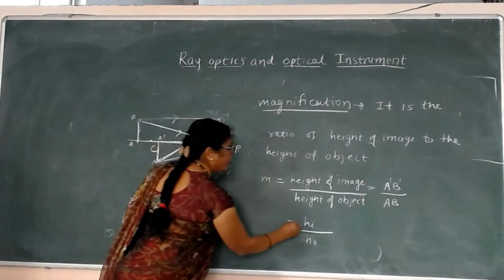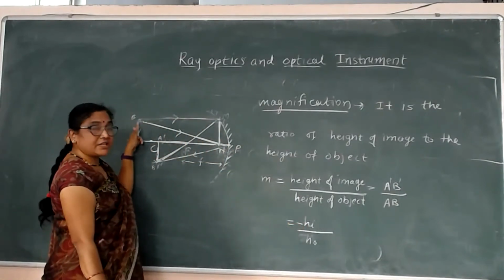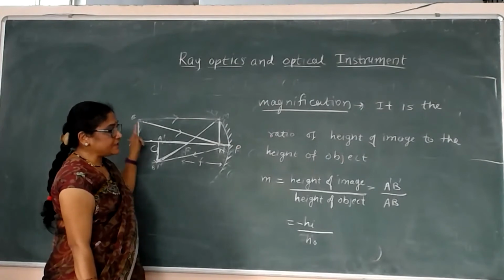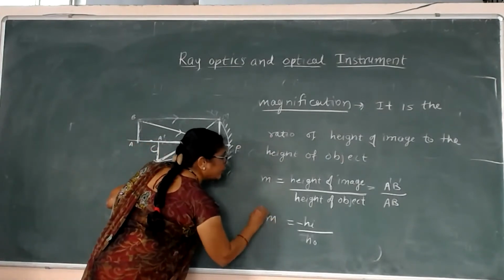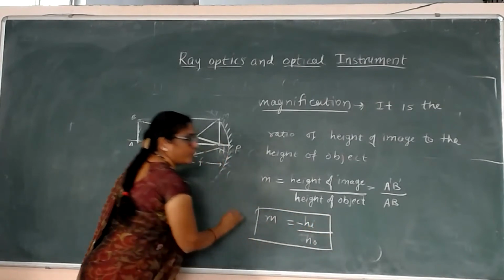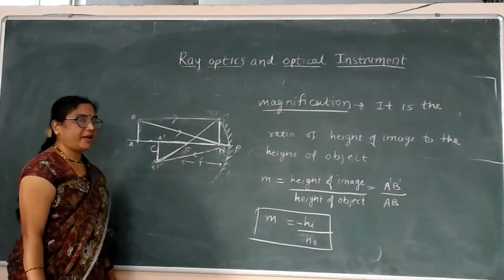So this is equal to minus. The height of the object is above the principal axis, so it is considered to be HO. Means magnification is equal to HI divided by HO.